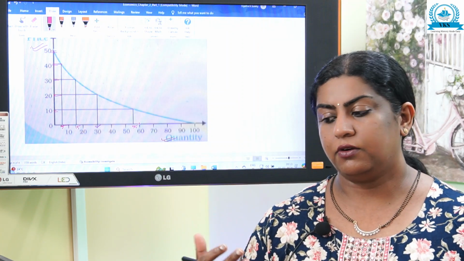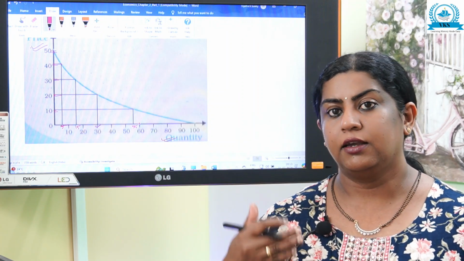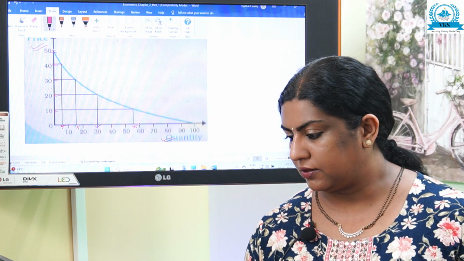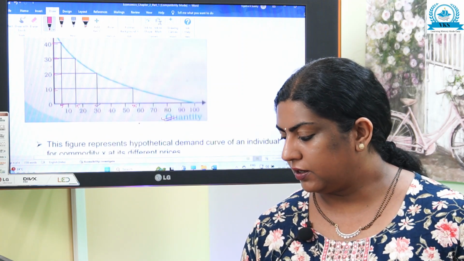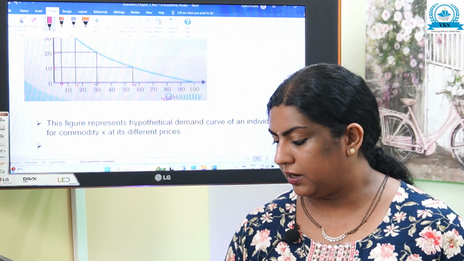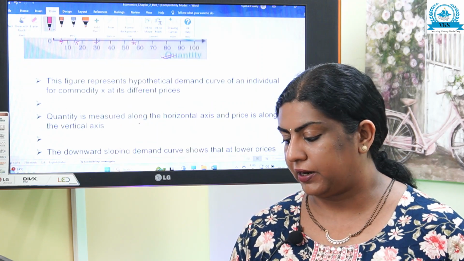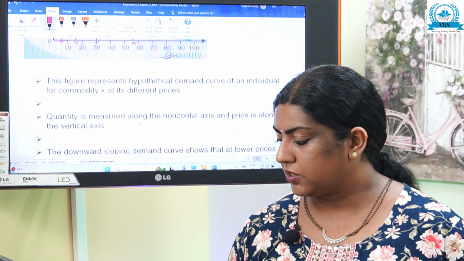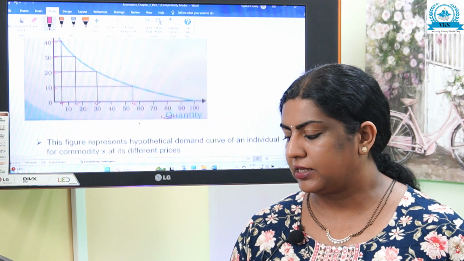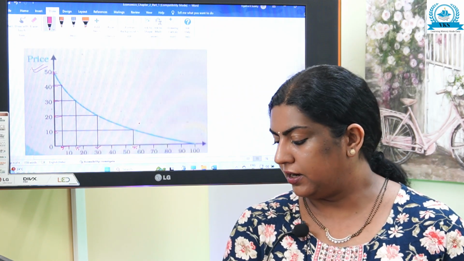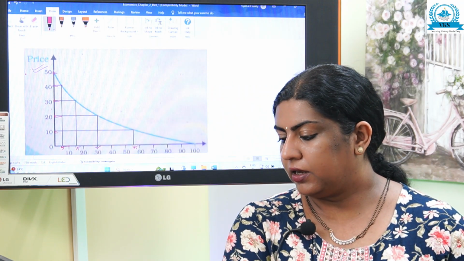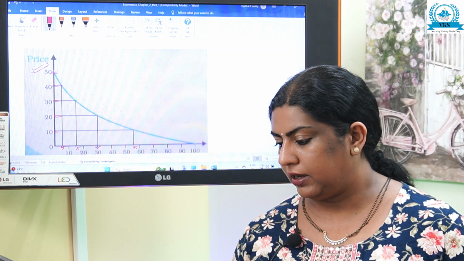I think you understood. When the price is decreasing, the demand is increasing. So this figure represents the hypothetical demand curve of an individual for commodity X at different prices. Quantity is measured along the horizontal axis and price is on the vertical axis. As I said, quantity here and price on the vertical axis.